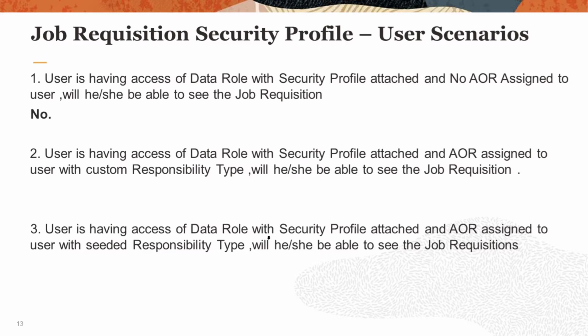Second, if the user has access to the data role with the security profile attached and an AOR is assigned with the custom responsibility type, then he or she will not be able to see the job requisition. Next, if the user has access to the data role with the security profile attached and an AOR assigned with the seeded responsibility type, then he or she will be able to see the job requisition.